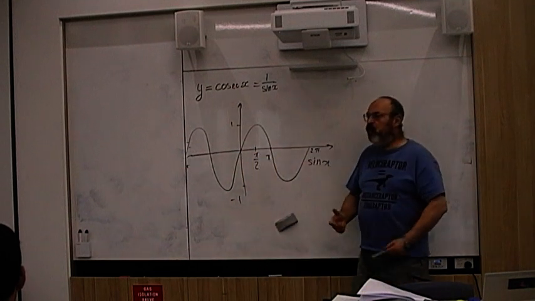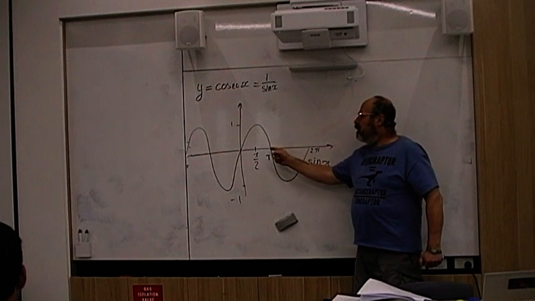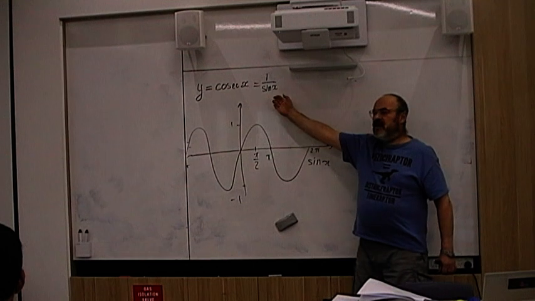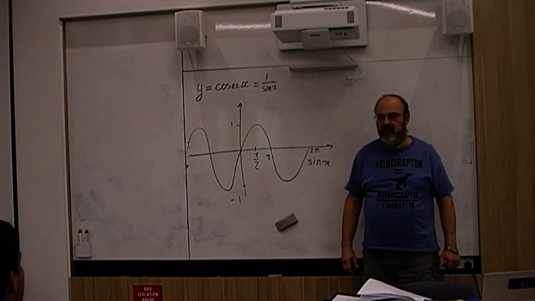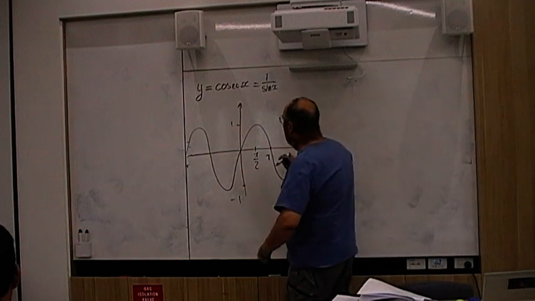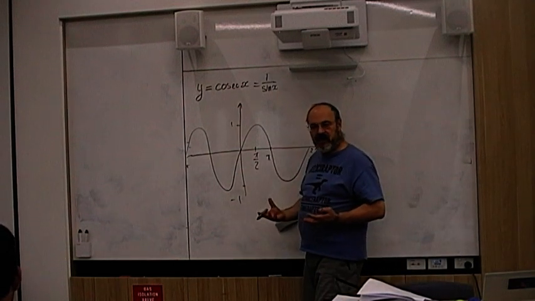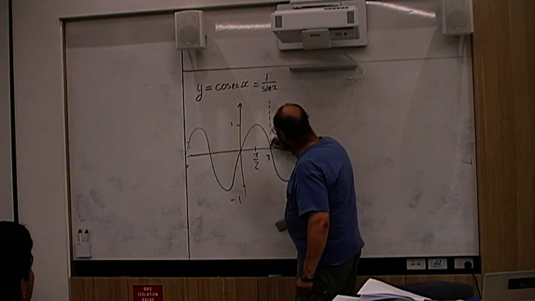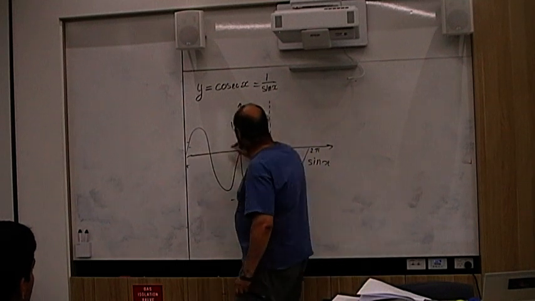Now when sine x equals 0, what will happen? They'll define asymptotes. Where the original graph has x-intercepts, the reciprocal graph will have asymptotes.